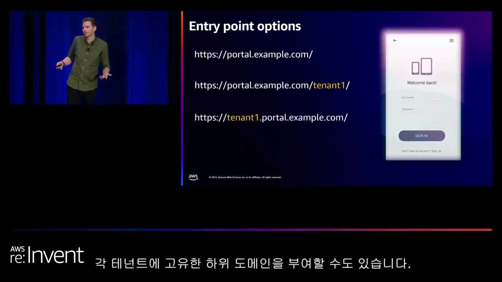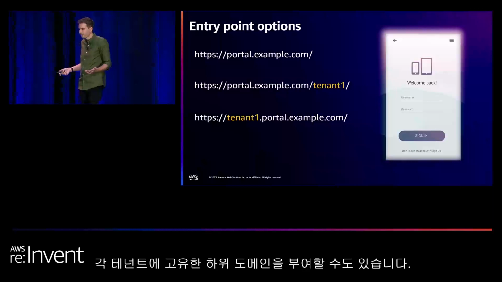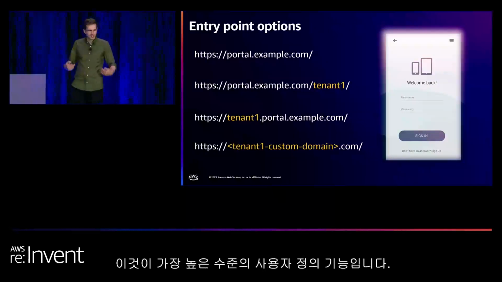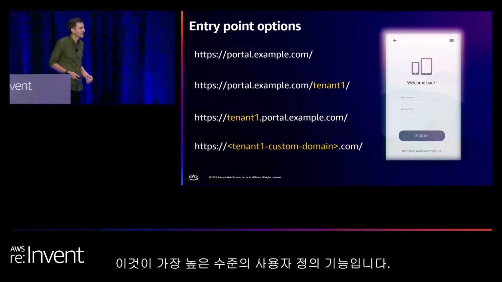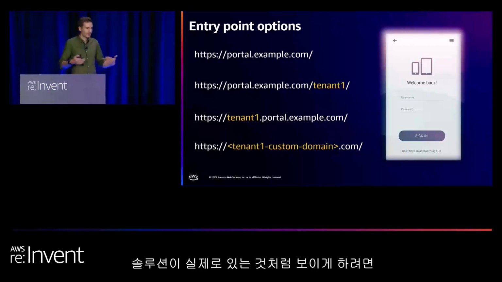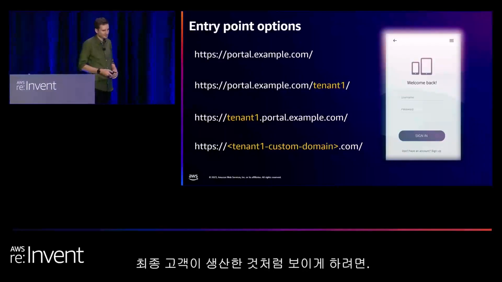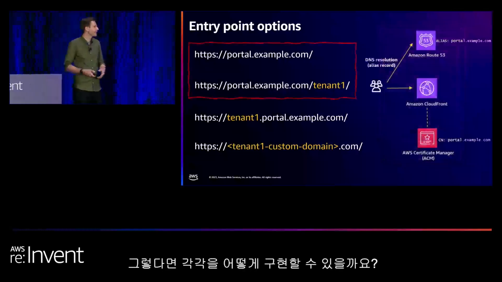We could also give each tenant their own subdomain, or we could allow the tenants to bring their own custom domain, right? And this is the most level of customizability if we want to make the solution look like it's actually produced by the end customer.